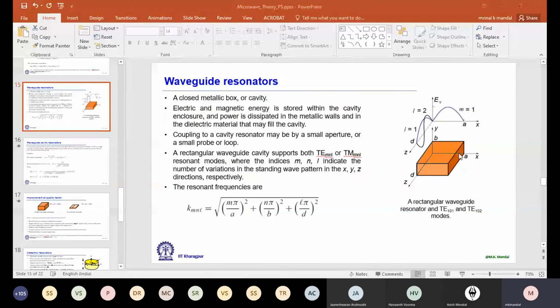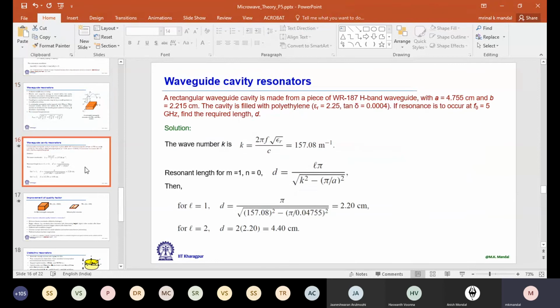So we are taking a piece of waveguide. Then the broad wall dimension and side wall dimension are defined. The only control we have is that we can take a different length, right? So d basically. The required d, you then have to calculate. Since all the values are given, we just put them here, and we will be using the fundamental mode.